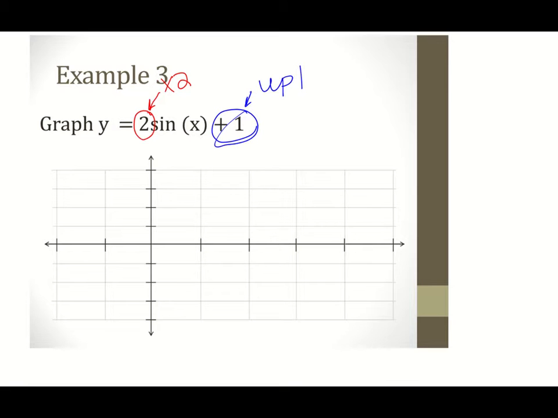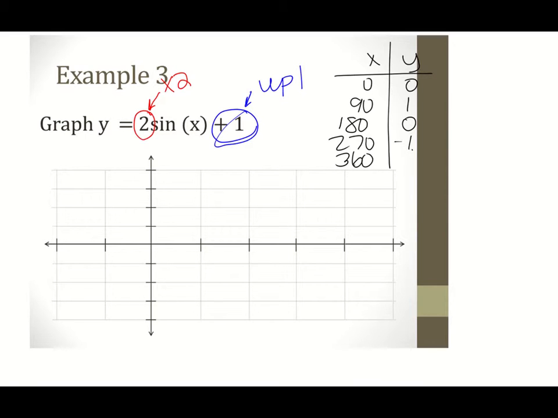So if we're graphing sine, we go ahead and make our table. Sine is 0, 90, 180, 270, 360. And sine starts at 0, so we go 0, 1, 0, negative 1, 0. Now, multiple transformations, you can obviously do it on your graph.